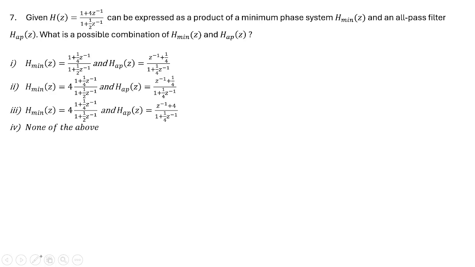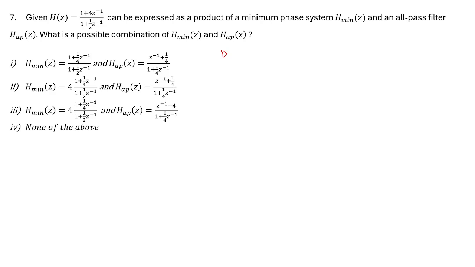So let us move on to check the answers. We have multiple tasks at hand. For each option we will first check whether the product of H min of z and H AP of z is giving us the result H(z).